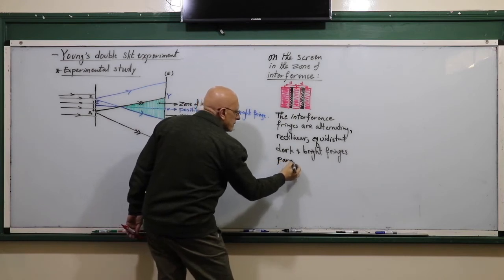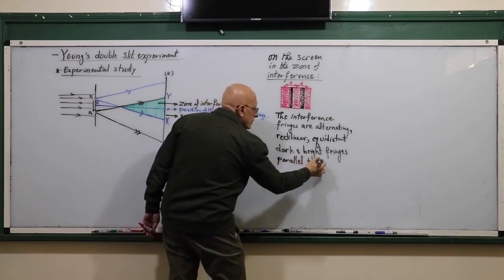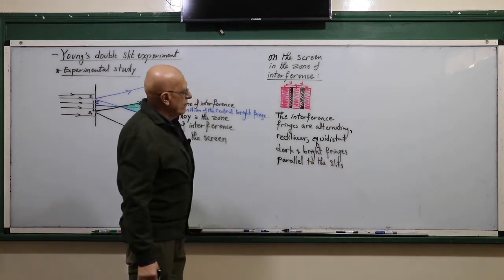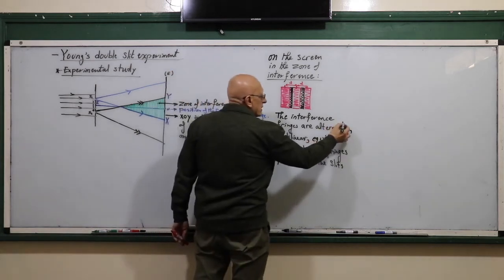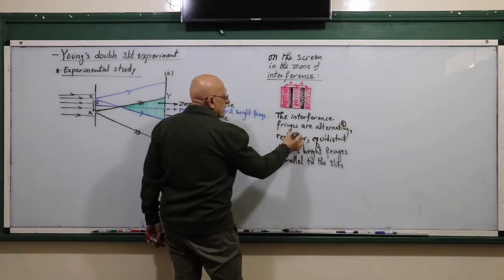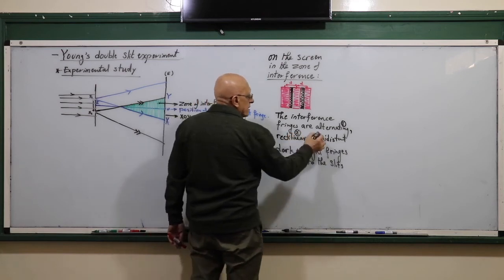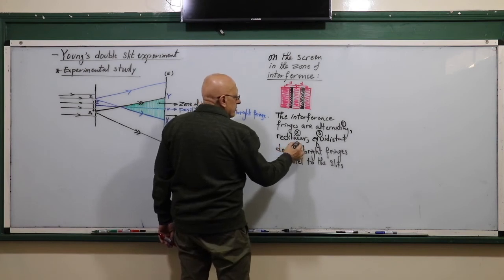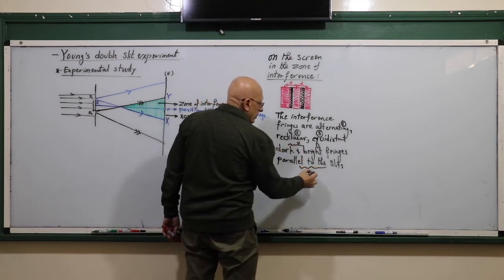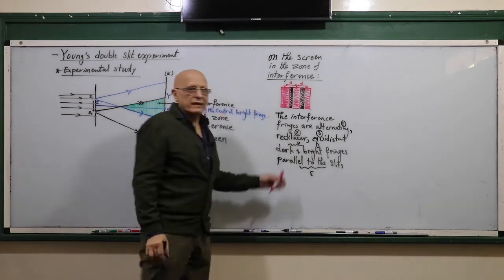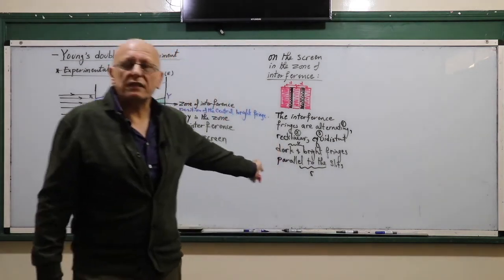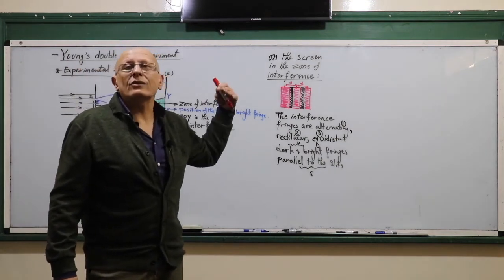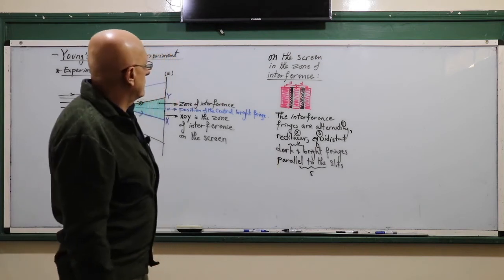So this is the first property, rectilinear the second, equidistant third, dark and bright fourth, and parallel to the slits fifth. And as you see, the description of the interference fringes differs from that of the diffraction pattern. Okay?